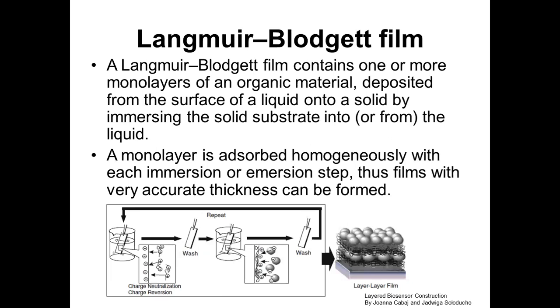So let's describe what this is. A Langmuir-Blodgett film contains one or more monolayers of an organic material deposited from the surface of a liquid onto a solid by immersing the solid substrate into or out of the liquid. A monolayer is adsorbed homogeneously with each immersion or emersion step. Thus, films with very accurate thickness can be formed.